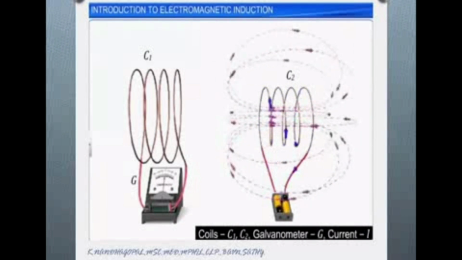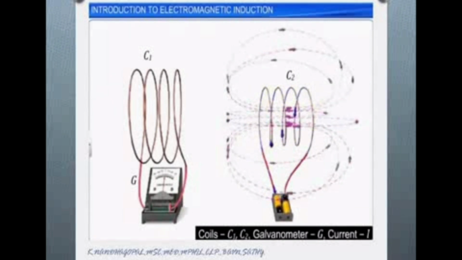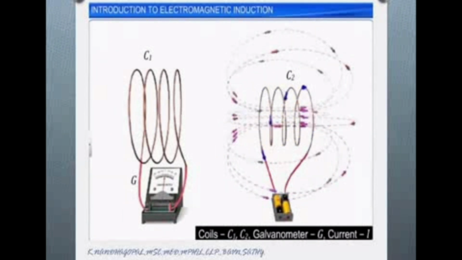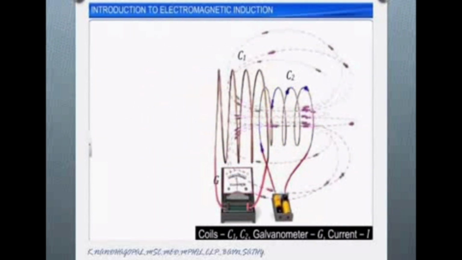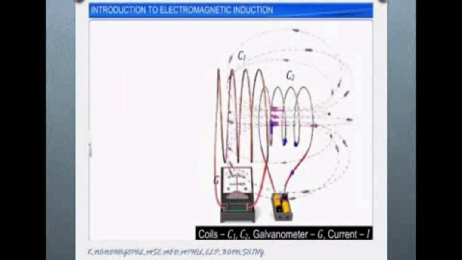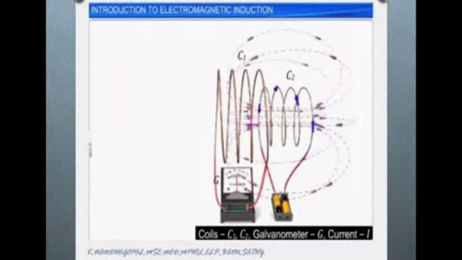Now the coil C1 and C2 are both stationary, and there is no deflection in the galvanometer. The two coils are separated by a distance, so there is no deflection. Now we are going to move the coil C1 towards C2. Now the magnetic lines of force are cut by the coil, and it shows the deflection.